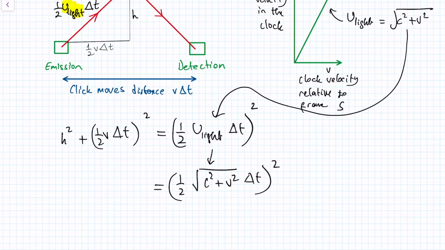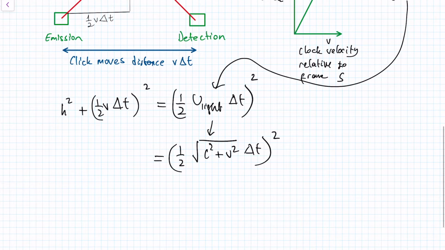Now if we simplify this, what are we going to have? Well, that would be the same as (1/2 c delta t) squared plus (1/2 v delta t) squared.